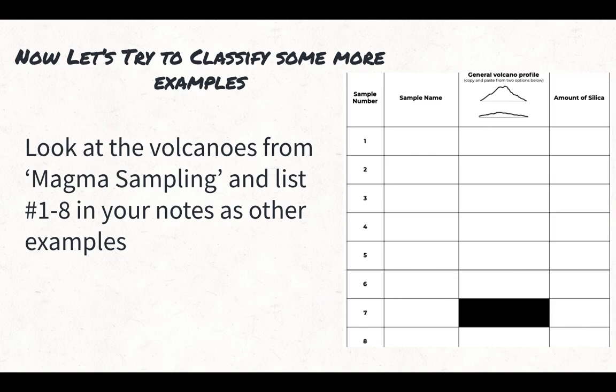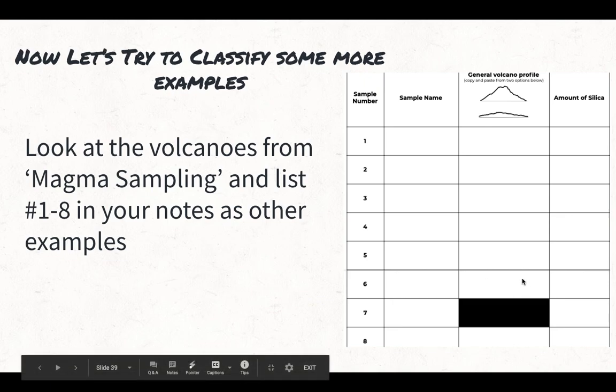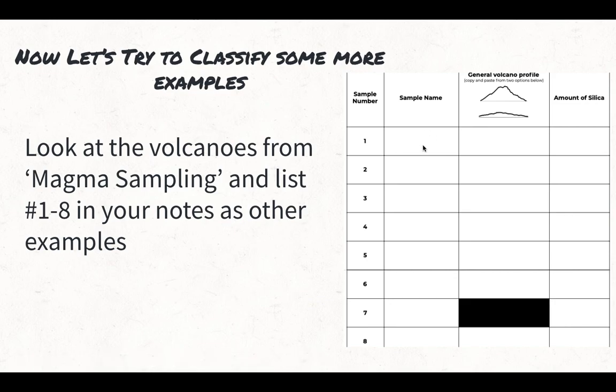So if you look back at your number 5 assignment, magma sampling, and you check out those first 8 samples, you should be able to look at the name and put that name in your example box for your notes based on the amount of silica.